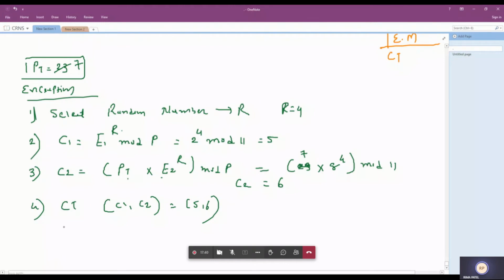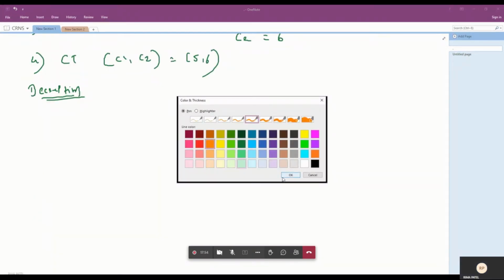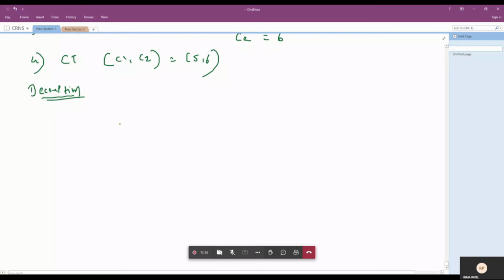Next we need to do the decryption. Encryption we have done. Okay. So I will be writing the equation, you just need to solve it out. Plain text equal to C2 into C1 raised to D inverse modulo P. We do have each and every value, you just need to solve and let me know the value of PT.